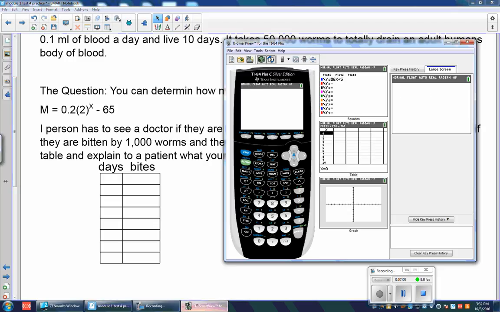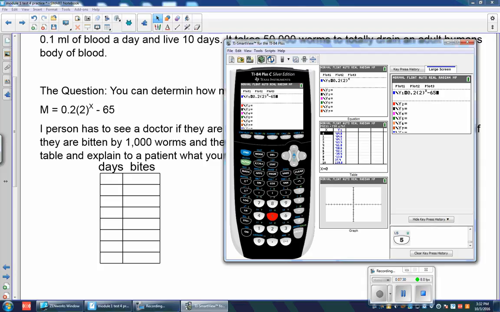Okay, so I grab my calculator and I hit y equals because that gives me a table. I enter in the equation 0.2 parenthesis 2 parenthesis exponent to the x, right arrow to get out of the exponent, minus 65.